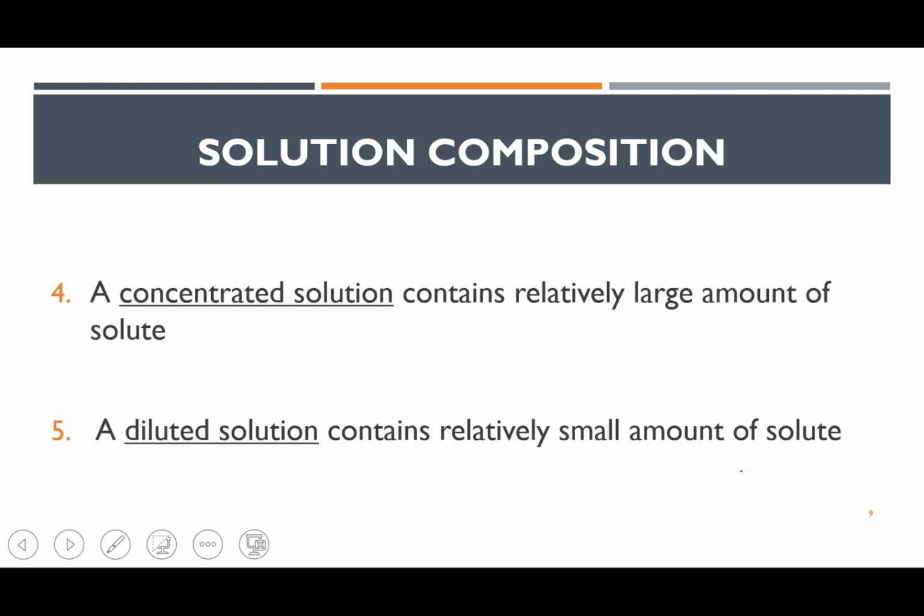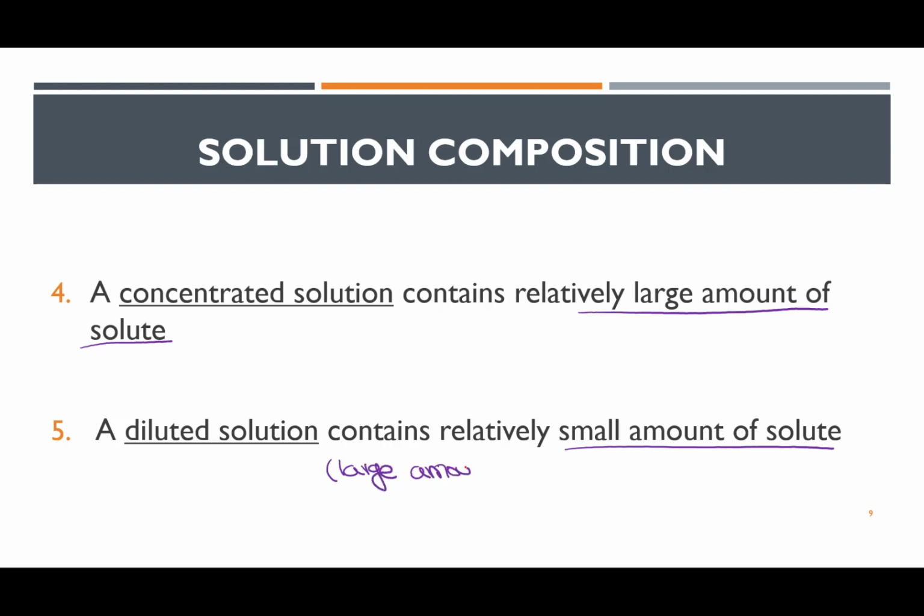Now the next one is concentrated solution. When a solution is concentrated, that means it has a large amount of solute. When a solution is diluted, that means it has a small amount of solute or a large amount of solvent. For example, you make your coffee in the morning and it's very dark, it has that bitter taste.